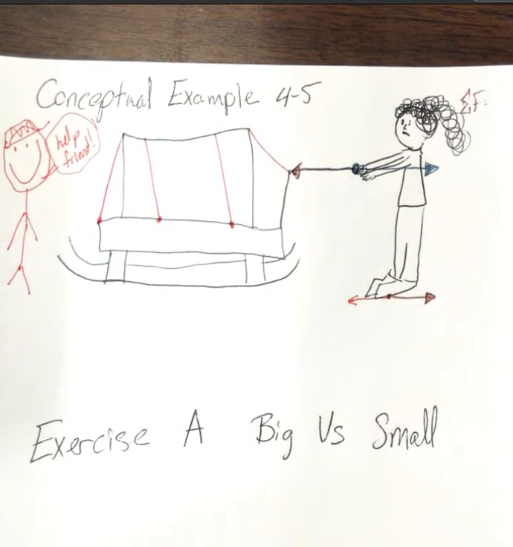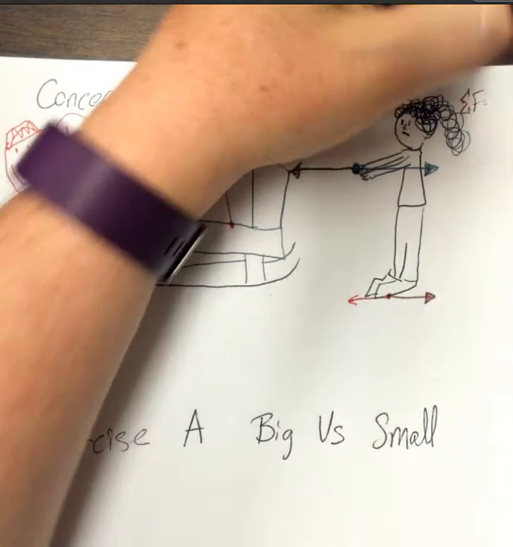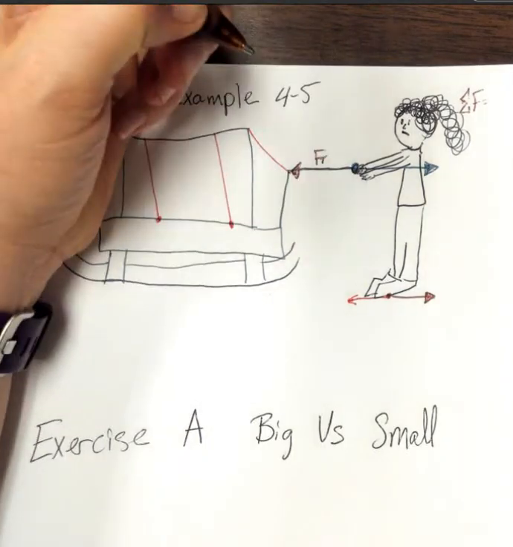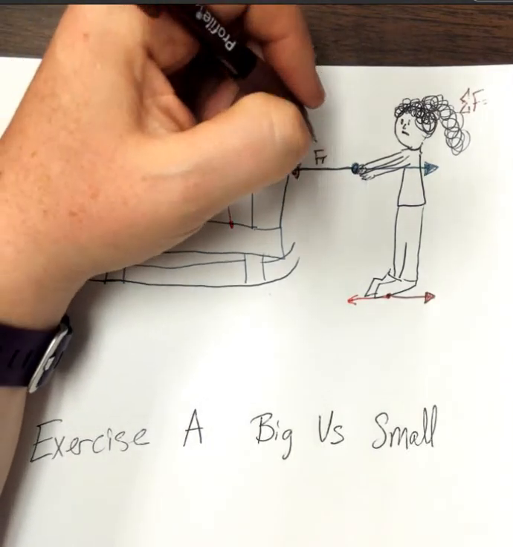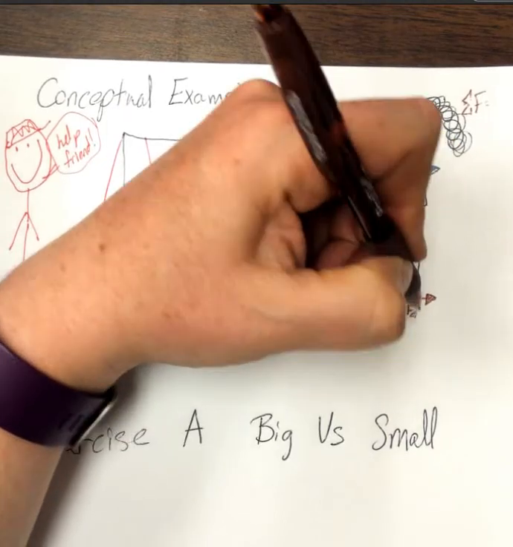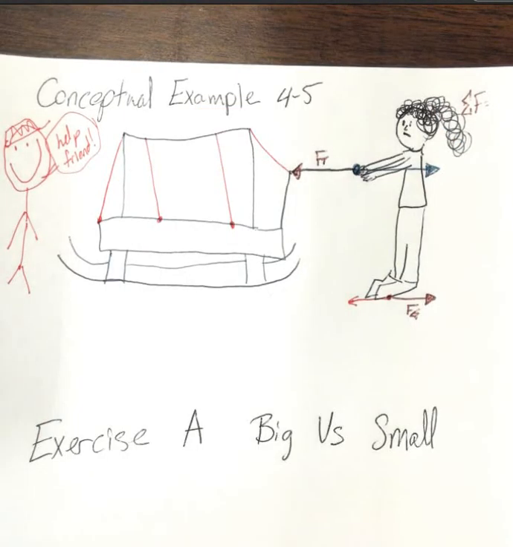Therefore, your net force is going to be a result of the force of tension on the string that you're pulling, and the force that the ground is pushing you with.